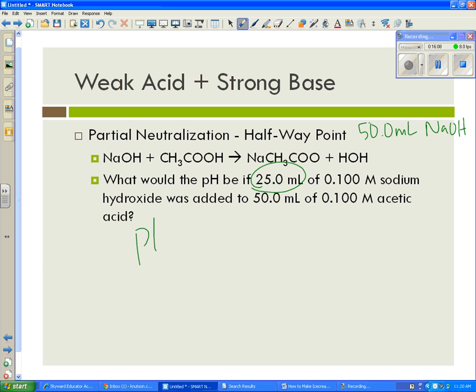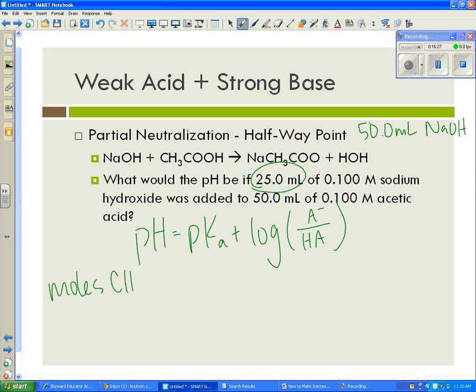We have a weak acid and a strong base, so we'll use pH is equal to pKa plus the log of A minus over HA. To find the pH, calculate how many moles of acid and how many moles of base.